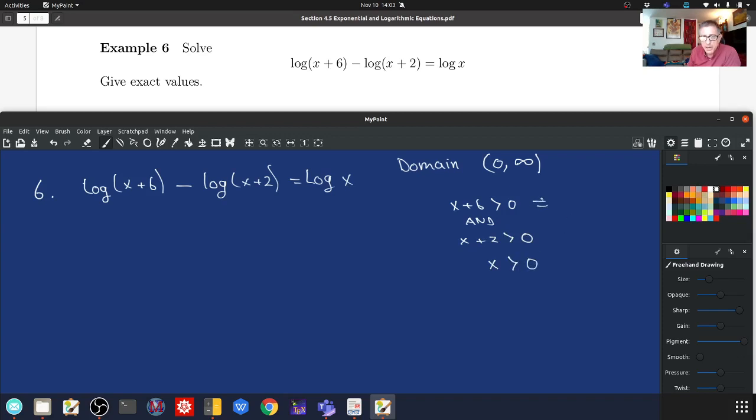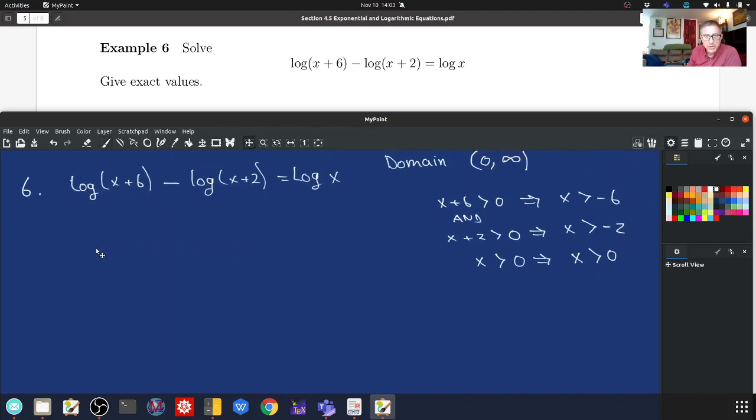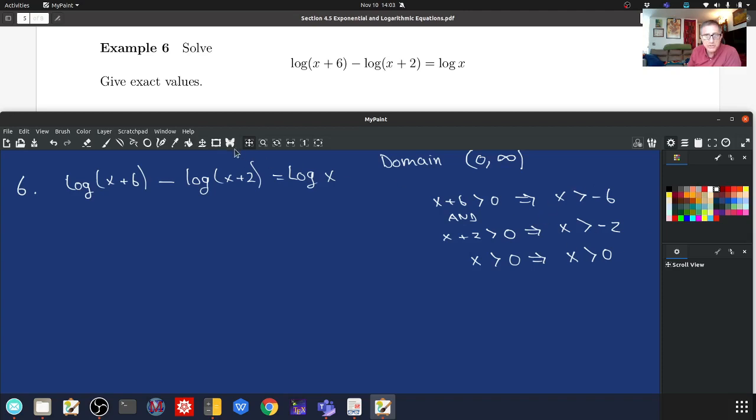Well, this implies that x has to be greater than minus 6. And it also has to be the case that x has to be greater than minus 2. And it also has to be the case that x has to be greater than 0. So what do I do? These are three constraints that have to be satisfied.